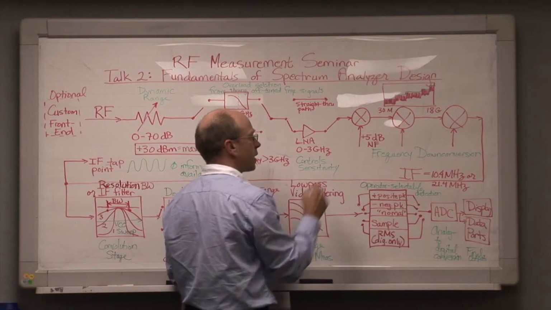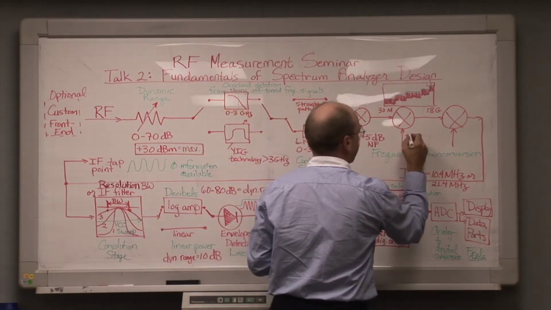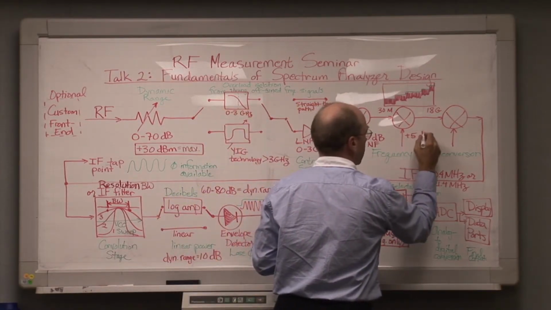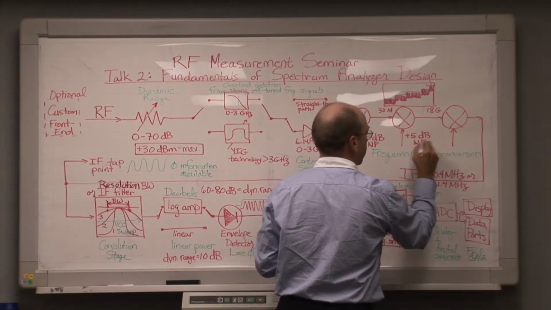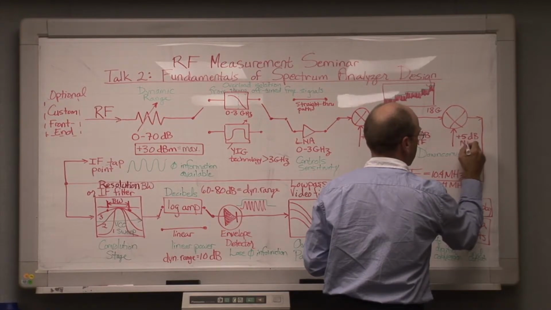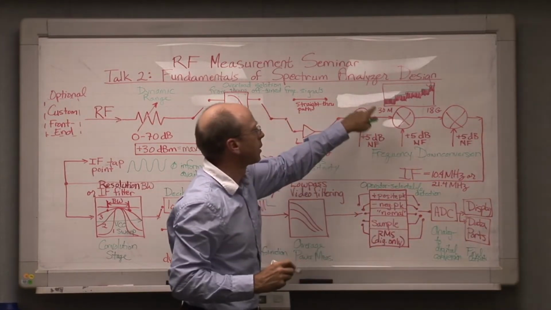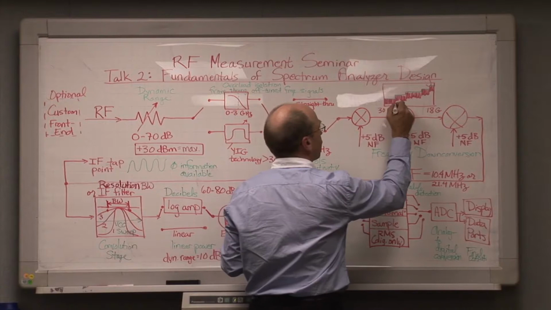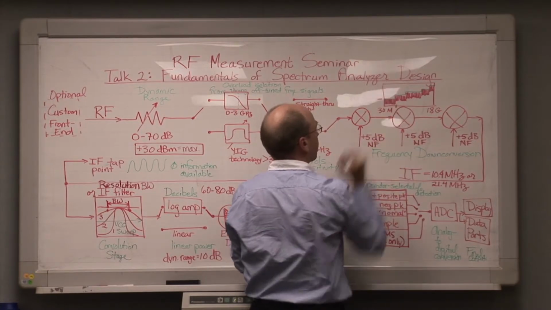So go through one mixing stage, you pick up 5 dB of noise figure. Go through a second mixing stage, you pick up another 5 dB of noise figure, and so forth and so on. And so this display as I've drawn it shows that to reach this frequency, we have some particular noise figure.